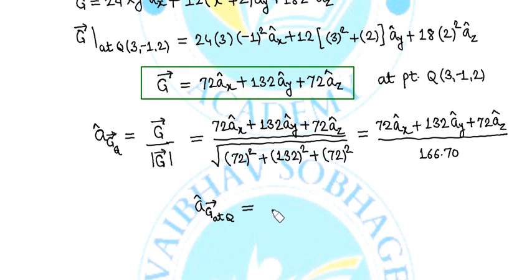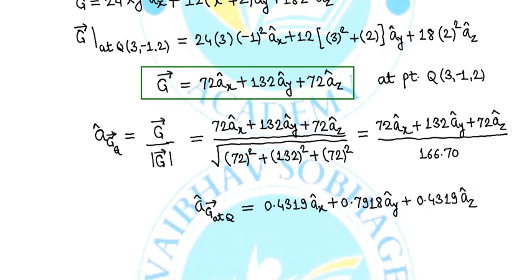If you simplify that, you will find the answer to be 0.4319 ax cap plus 0.7918 ay cap plus 0.4319 az cap.